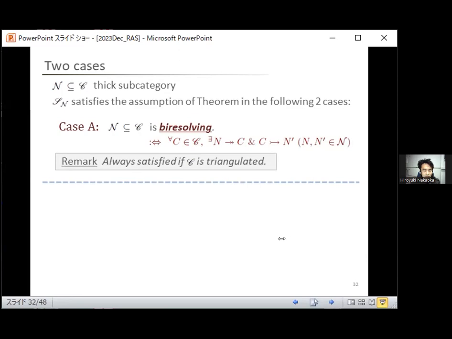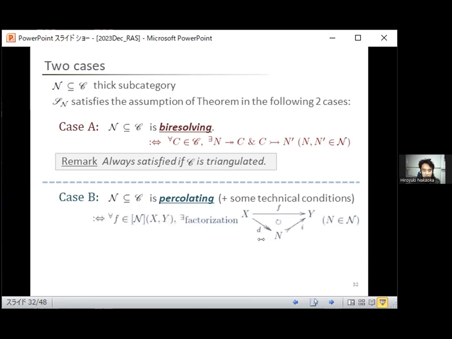The other case B is that N is a percolating subcategory, with unfortunately some technical conditions. It is called a percolating subcategory if any morphism which belongs to the ideal N admits a factorization in this way, namely a factorization into a deflation to some object N in the category N, followed by an inflation.